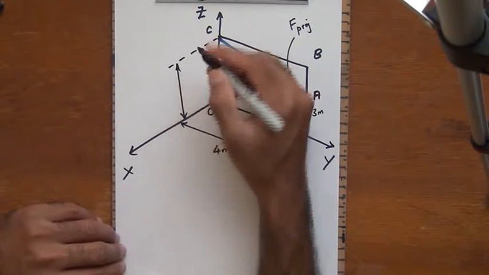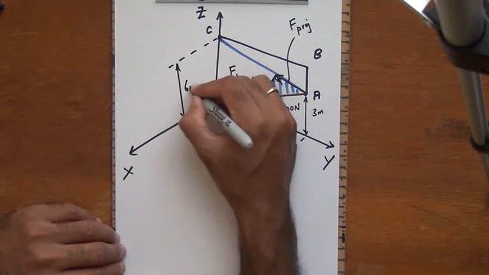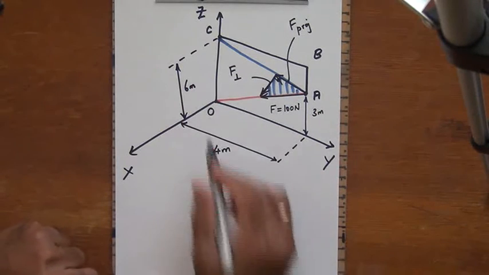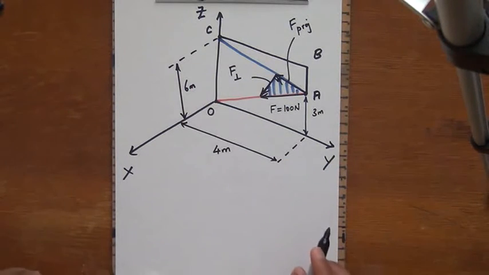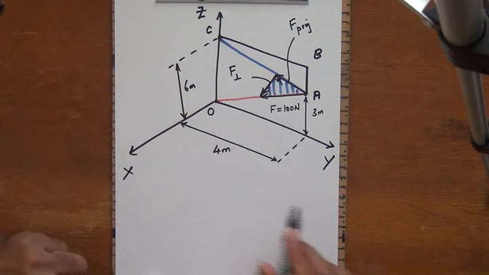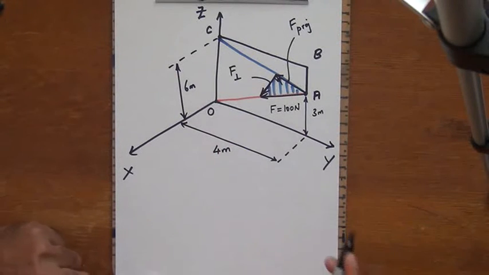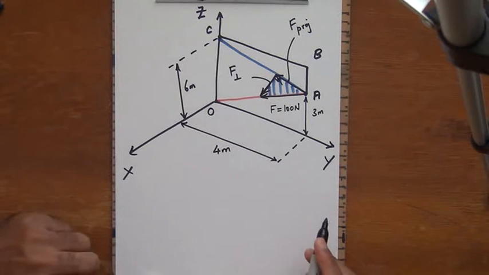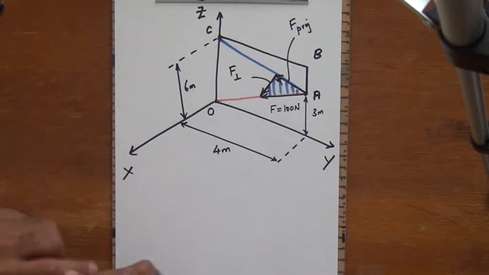This is the point C, so this is 6 meters right there, and then of course this is the origin O. So if I write out the coordinates of points O, point A and point C, then that's pretty much what I need to look at in terms of how to find the position vectors and so forth. Before that, there is something more important that I need to do.